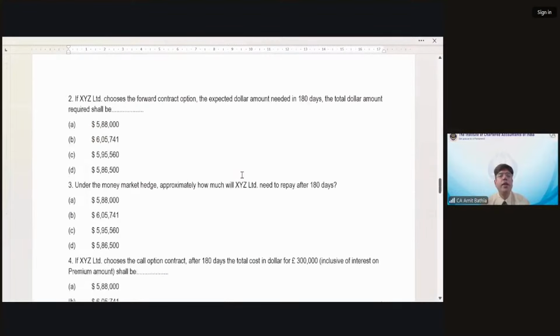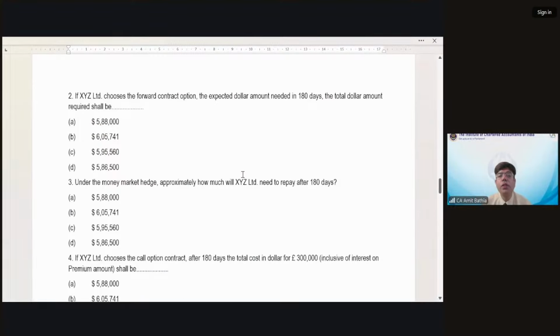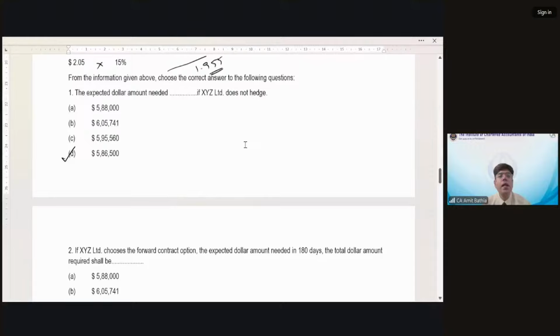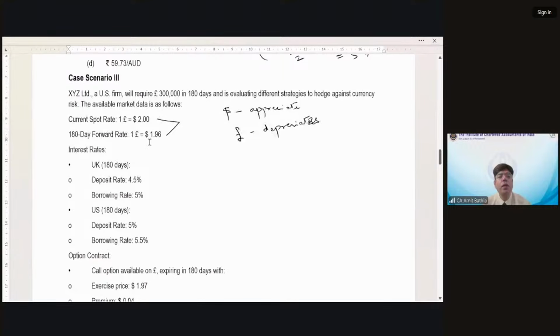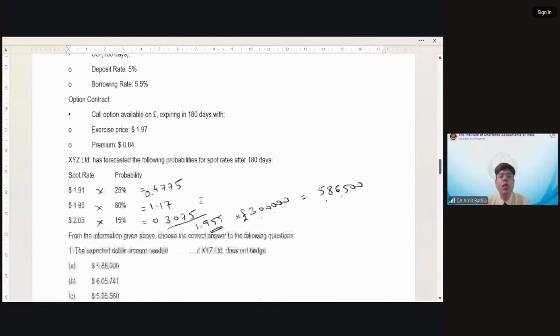Now, if XYZ Limited chooses the forward contract option, the expected dollar amount needed in 180 days, the total dollar amount required shall be, that is directly the forward rate, right? Then I don't need to worry about it. 1.96 into 300,000.